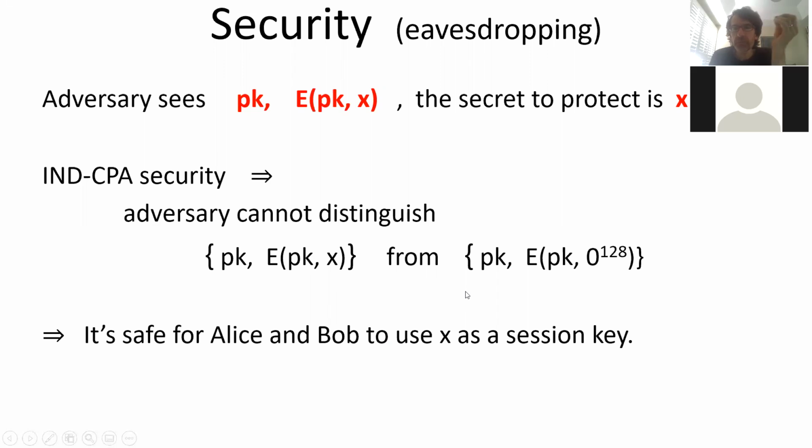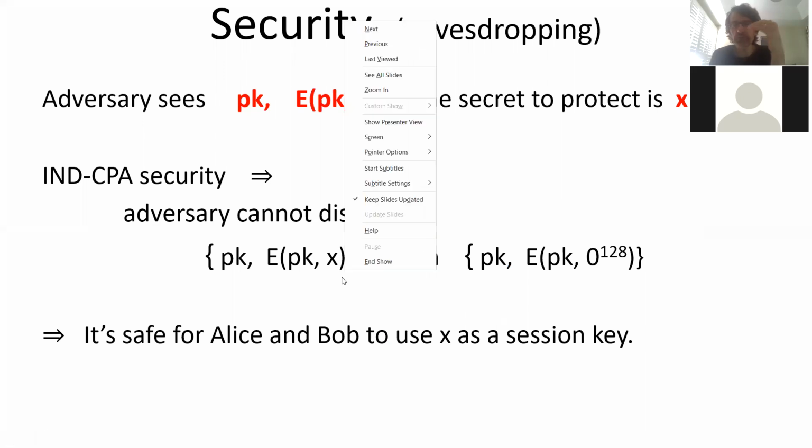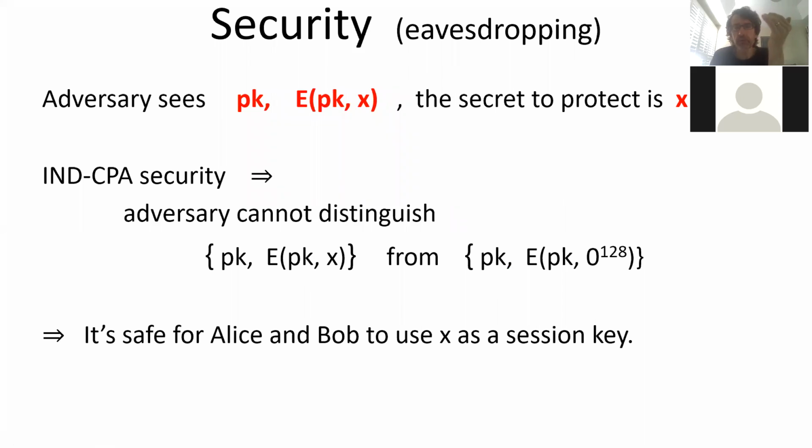If, however, the attacker acted differently, so we will define what it means very soon, but basically any way it acted, for example, if it could tell some bits of X, or could tell X from random, or it could output X, given these inputs, well, he can do the same here.